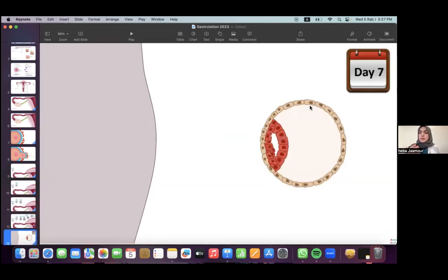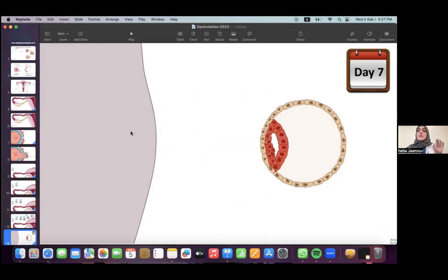So what's gonna happen is this blastocyst has two main goals that it's gonna try to achieve. The very first one is that it wants to live. So it needs nutrients to supply it with the necessary molecules and substances that can keep it alive and keep it multiplying and growing.